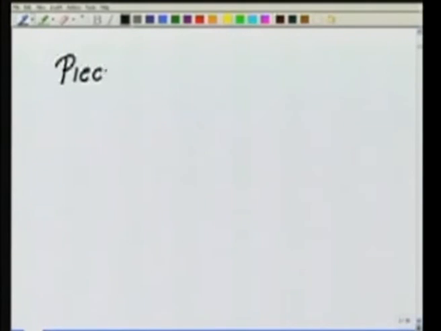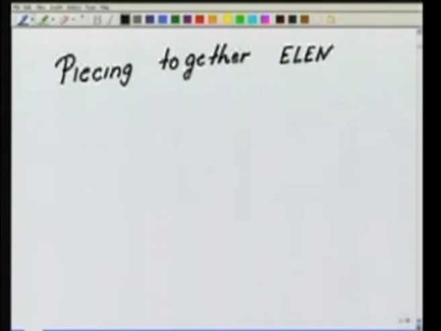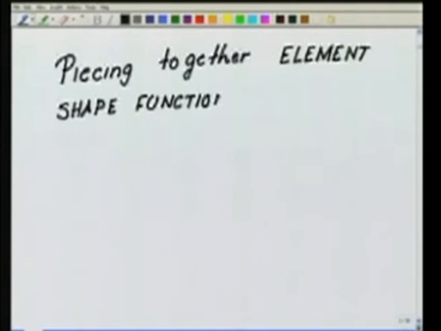Then we had said that these phi i's could be constructed by piecing together element shape functions. How had we defined these element shape functions?